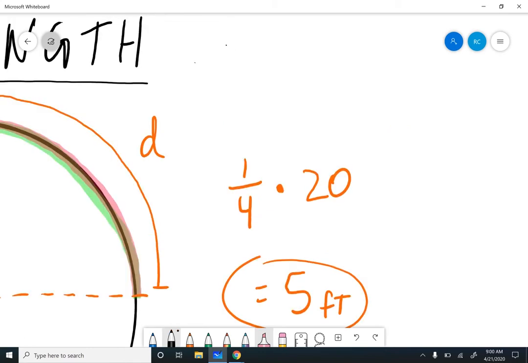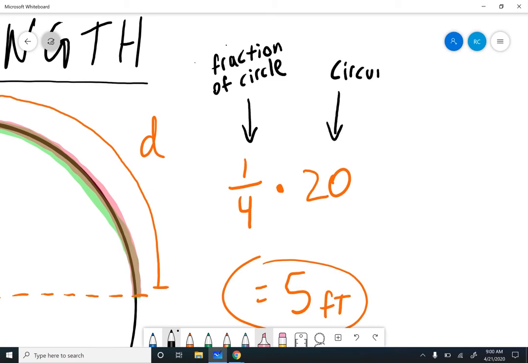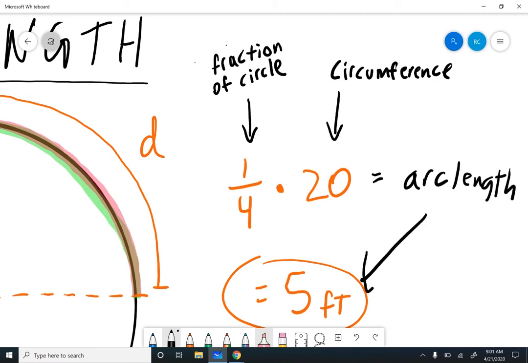So to find the arc length, we are essentially taking the fraction of a circle that we have, right? And we're multiplying it by the full circumference of the circle. And that's the arc length. Okay?